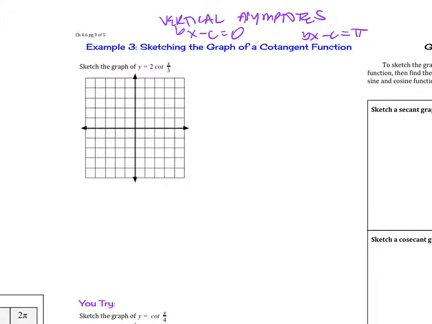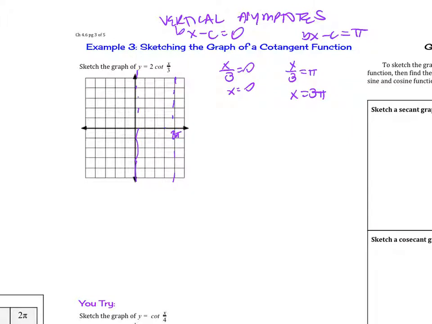Remember, for tangent it was negative pi over 2 on the left and positive pi over 2 on the right. So this is how you would do it on this function. We would do x over 3 equals 0, so x equals 0. Then x over 3 equals pi, so x equals 3 pi.